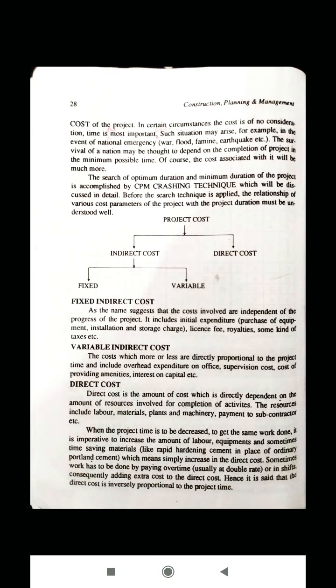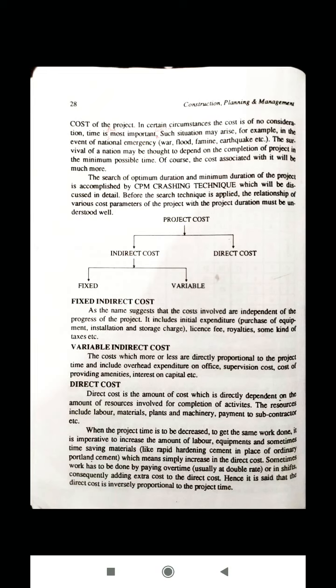What is the need of finding out this optimum duration and optimum cost? We know that the primary purpose of any project is to finish that particular project within a particular time, and the cost of that project should be minimum.